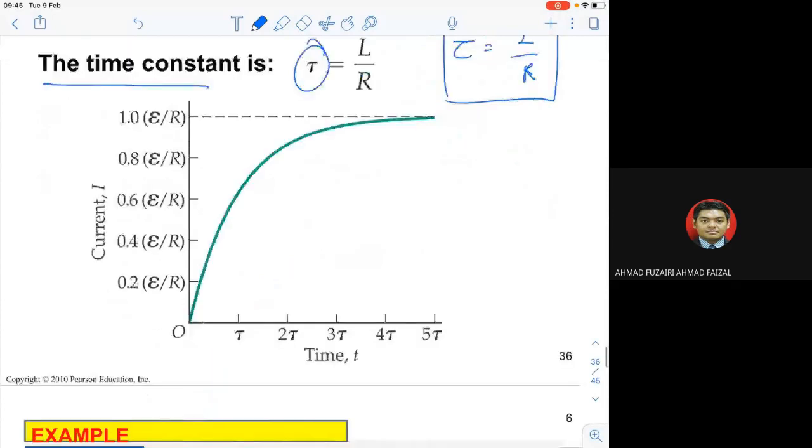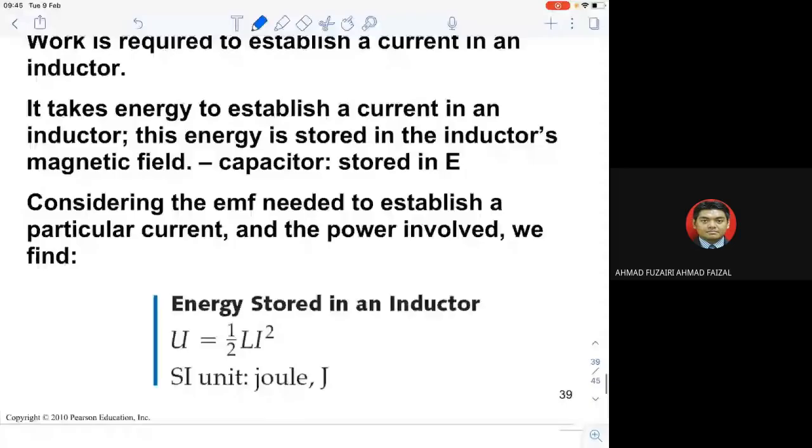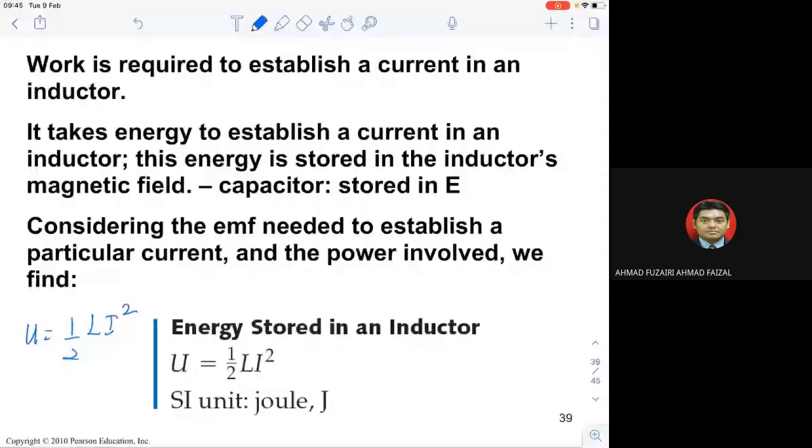And then the last part is the energy stored in the magnetic field, which means the energy stored in an inductor, U equals half L I squared. L is the inductance and I is the current.